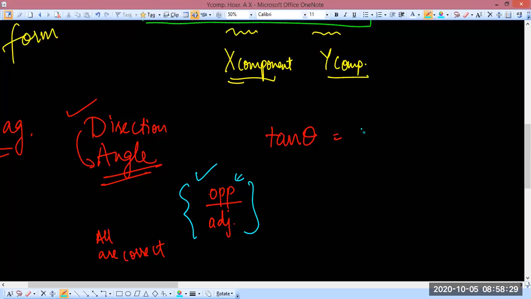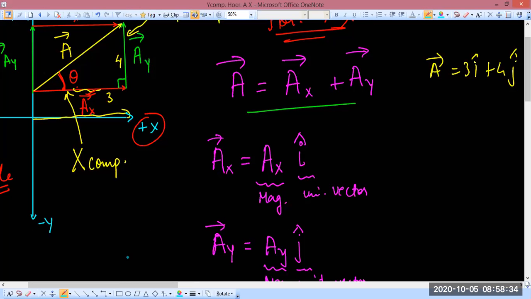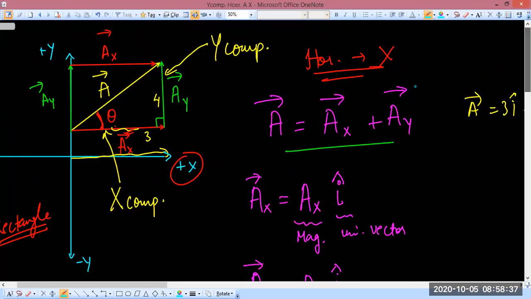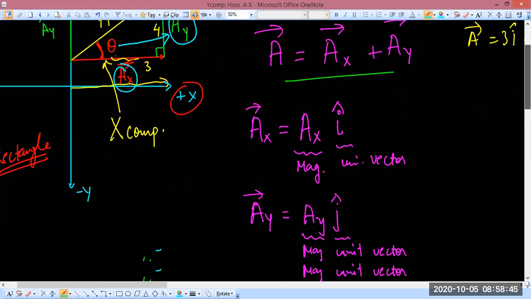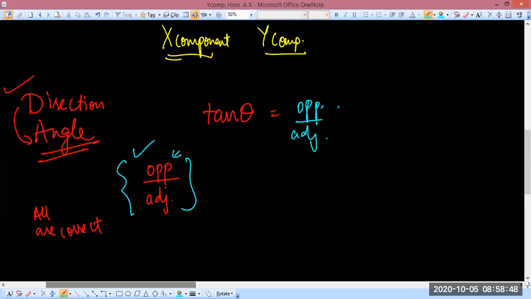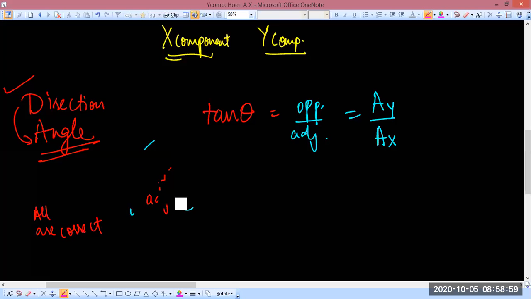So tan theta is opposite upon adjacent, right? So what is opposite, what is adjacent? Let's see. Look at theta. Its opposite is AY and adjacent is AX, right? I hope you understood that. Opposite is AY, adjacent is AX. So that's why this is equal to AY upon AX. So that's an important relation. If you want to find what is the angle, then you can use tan theta equal to AY upon AX, right?